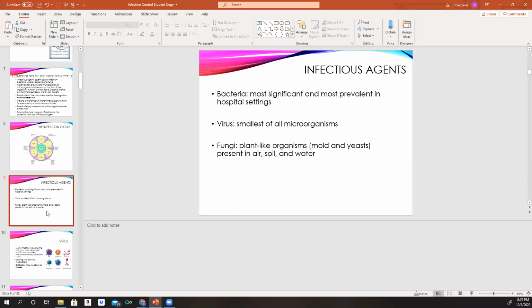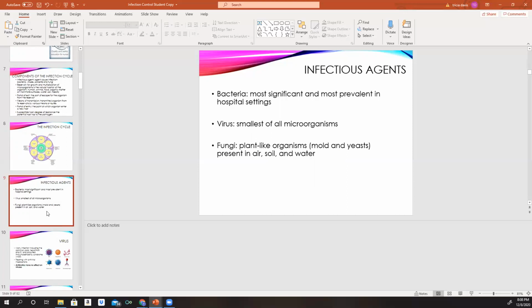They're visible only with an electron microscope, and they cause many infections, including the common cold, hepatitis B and C, and acquired immunodeficiency syndrome, which is AIDS. And antibiotics have no effect on viruses. There are some antiviral medications available that are effective for some viral infections. So like the flu can be a virus, and they have medicines that you can take for that.